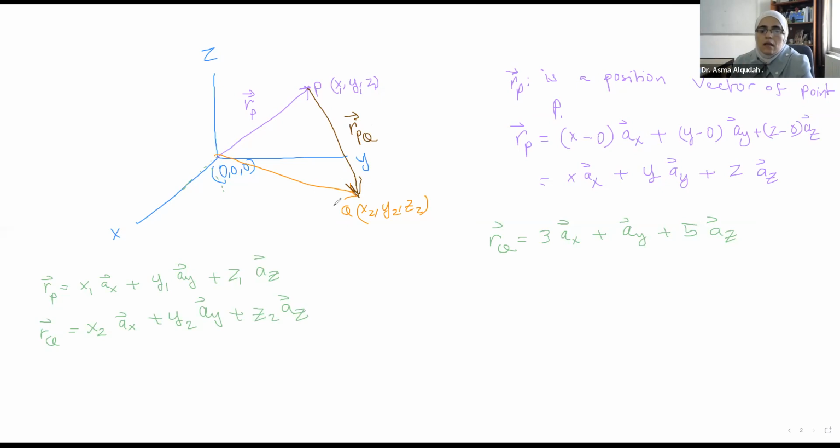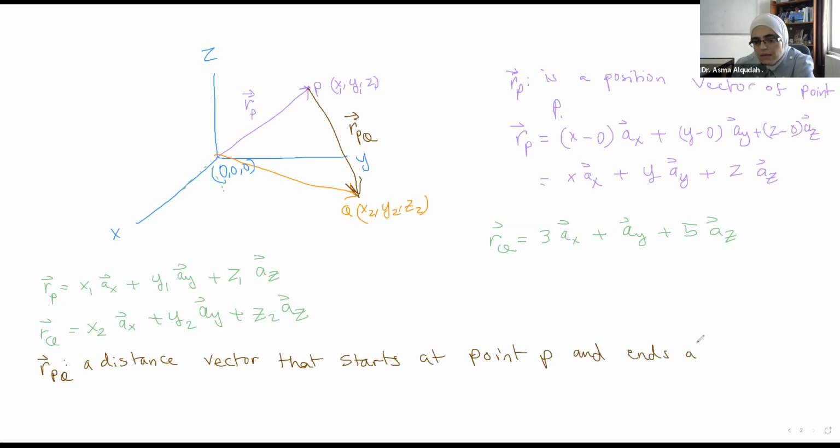Now, R sub PQ, we call it a distance vector that starts at point P and ends at point Q. Now how do we find R sub PQ?